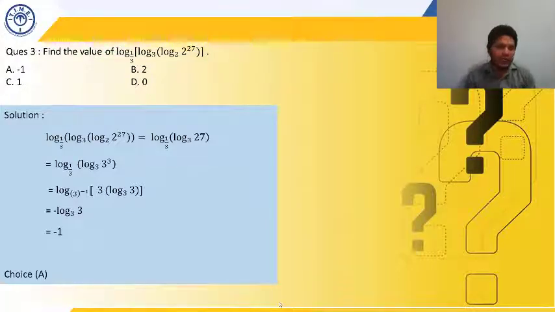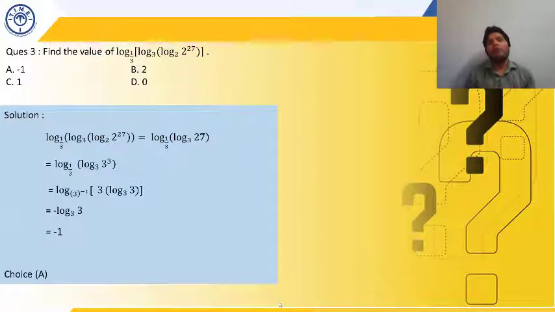So we have used three properties of log here. What are those properties? First property is log base a of b to the power m is m log base a of b, so we can take the power outside. Second property is log base a of a is always 1. And the third property is if power comes in the base, then we can take that power outside by taking its reciprocal.